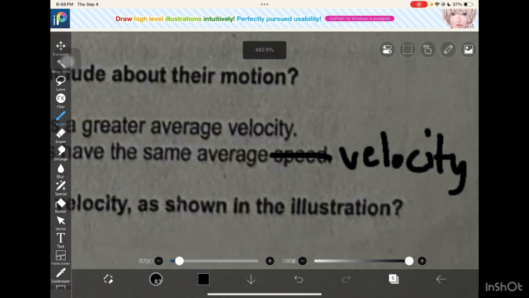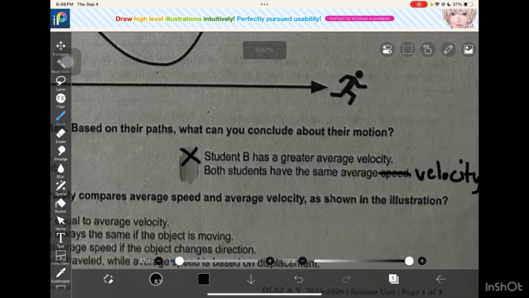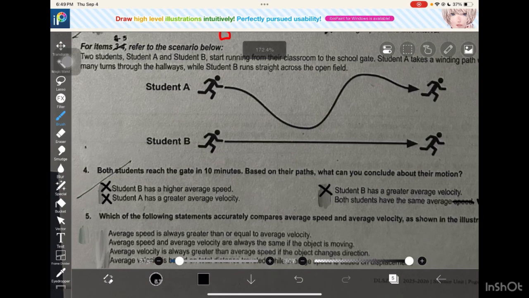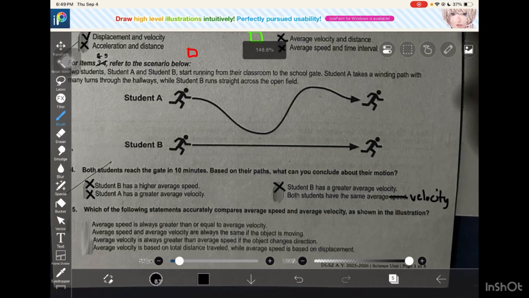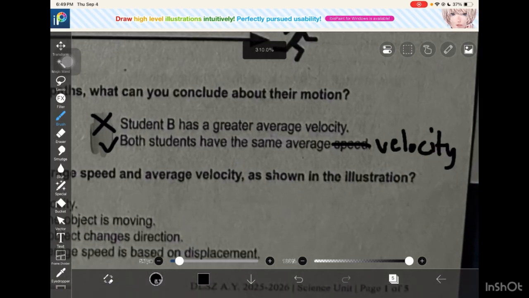Because if it were speed, it would mean that these two distances are the same, which clearly they're not. So what I think it is logically is velocity, because like I said from the previous statement, the displacement is the same. So this is correct, but can someone please clarify this?